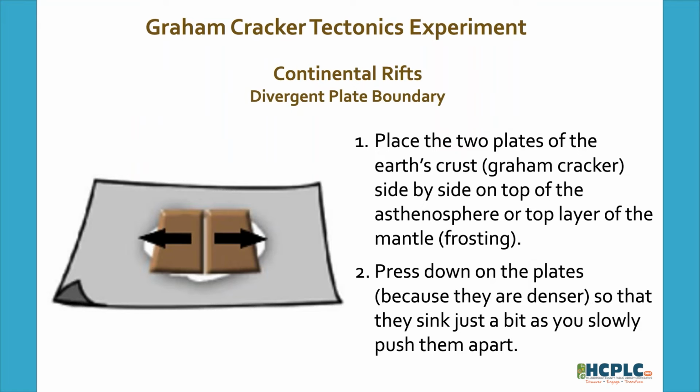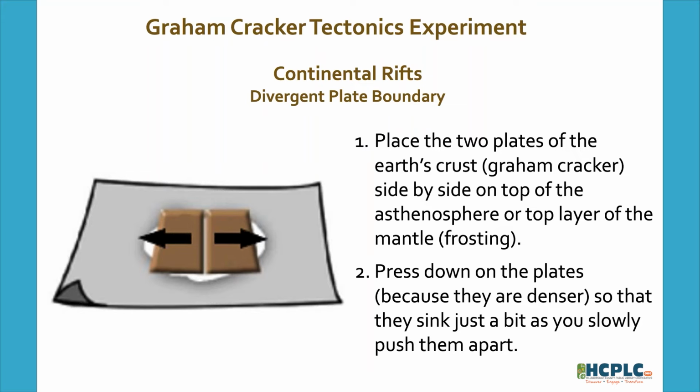All right, so for our first experiment, we are going to show what happens when 2 of our graham crackers move away from each other. Now remember, the graham crackers symbolize our continental tectonic plates. So these are tectonic plates that have land on top of them.